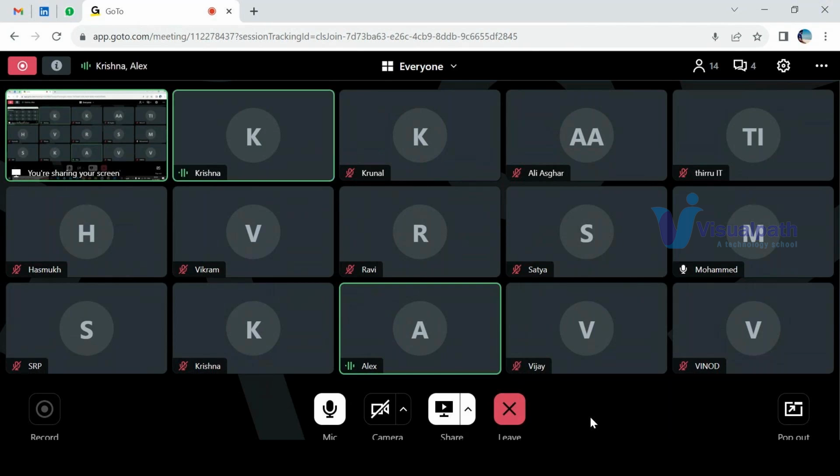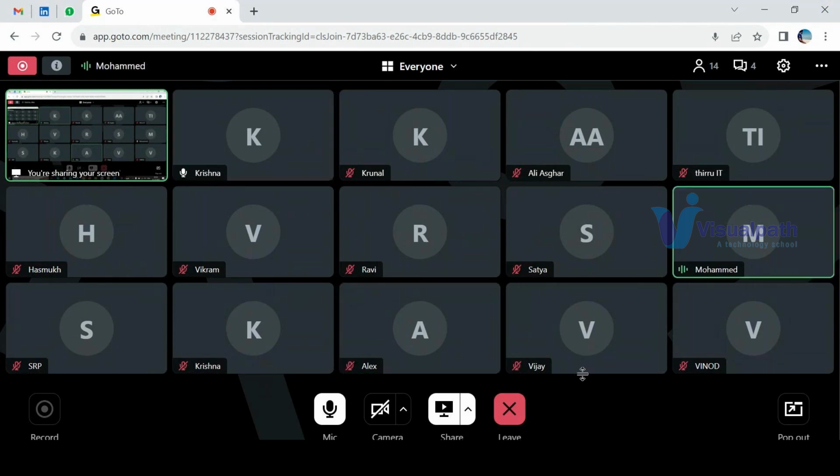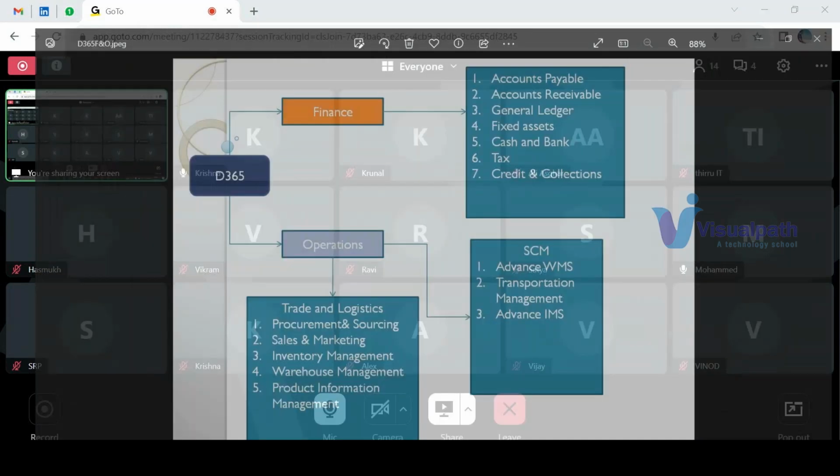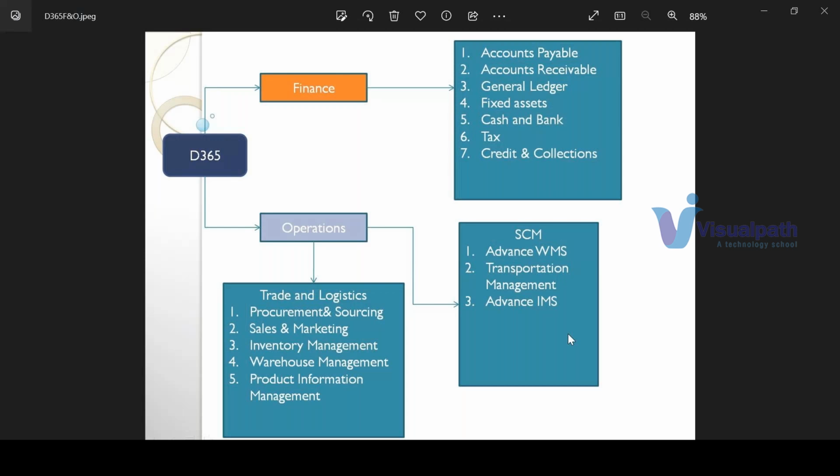Thank you, Krishna. As you have mentioned, it will consist of inventory journals, warehouse management and storage dimensions. All these things are available in the inventory module also, and supply chain management. So how can you differentiate it from these other modules? As I said, inventory management doesn't support the advanced warehouse management system.